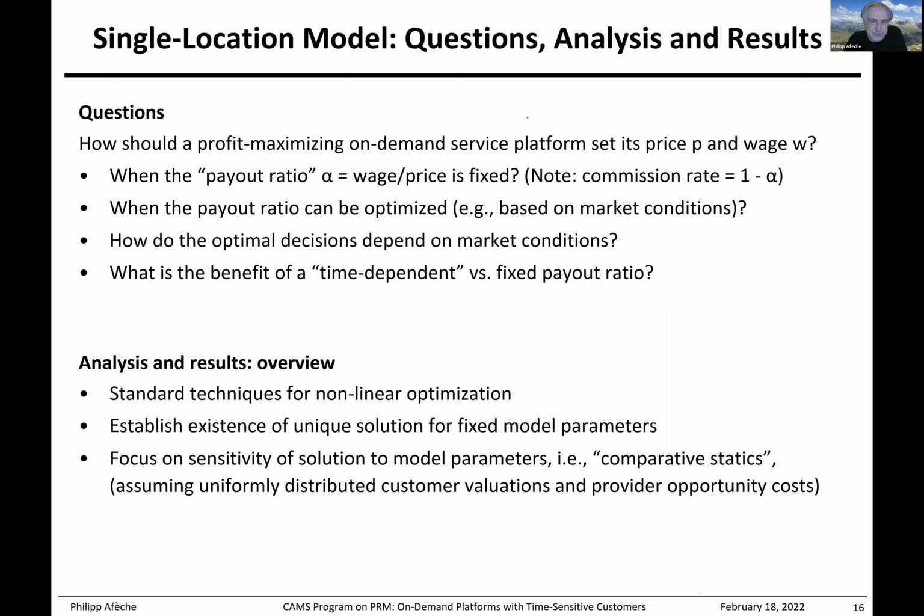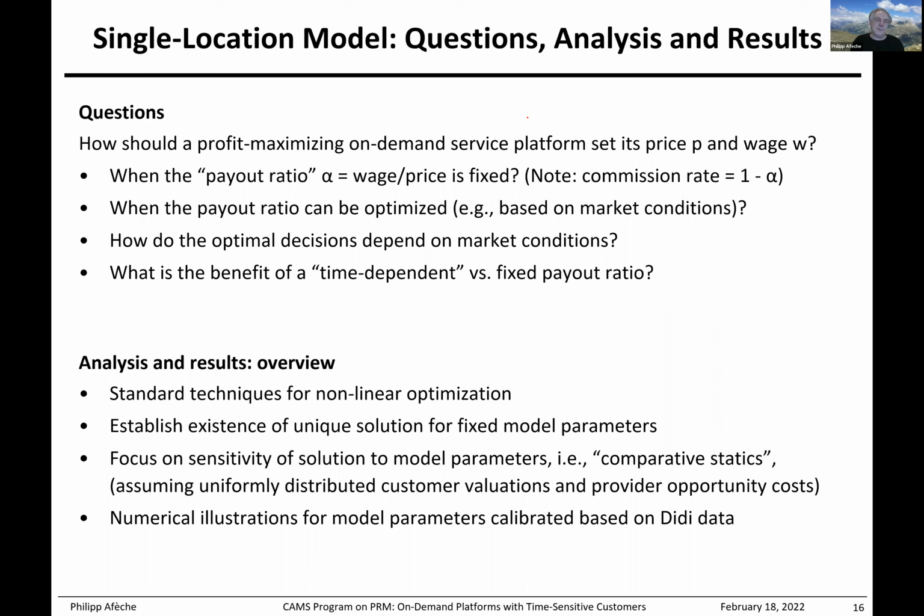So much of the paper looks at the sensitivity of the solution to these model parameters. They also illustrate with some DD data. They don't really do an empirical fitting of the model, but rather inform the choice of model parameter values by some of what they see in the empirical data. Then they explore the question of how the payout ratio would vary over the course of a day, and what that suggests about the last question here.